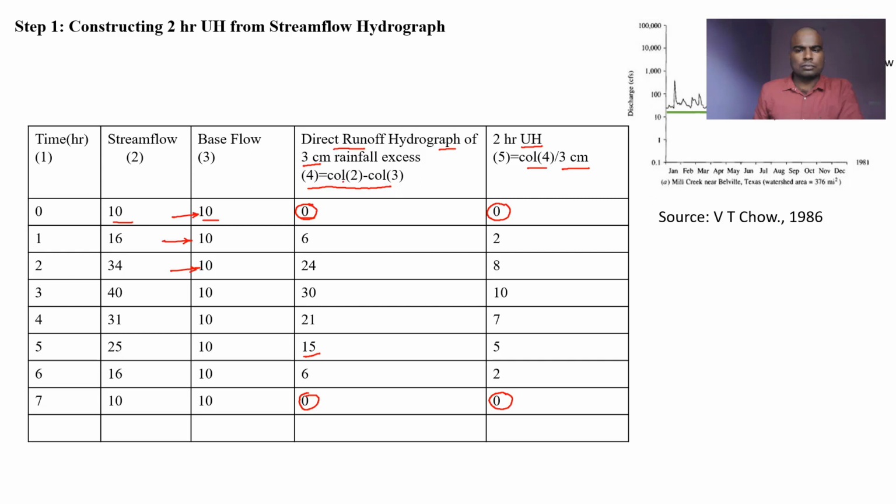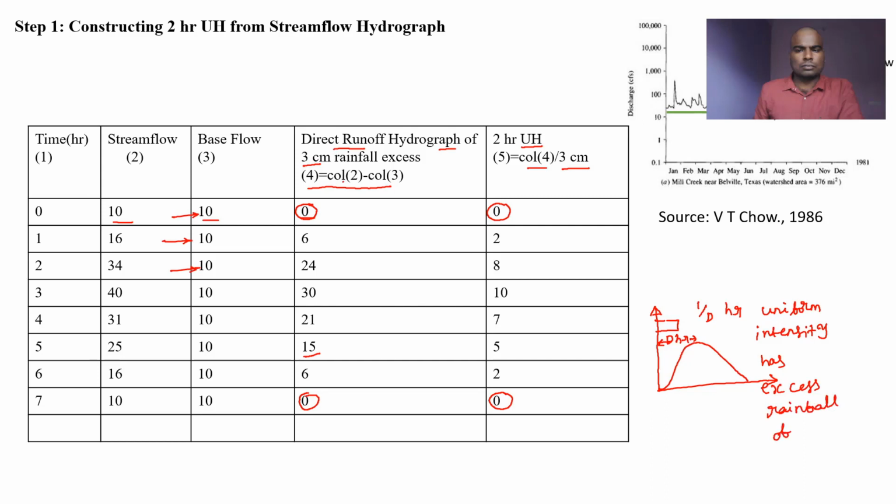I hope all of you know the definition of unit hydrograph. A unit hydrograph is a hydrograph which resulted from a uniform rainfall intensity over an entire catchment. Suppose this is a D hour duration, with 1 by D hour uniform intensity and excess rainfall of 1 centimeter.